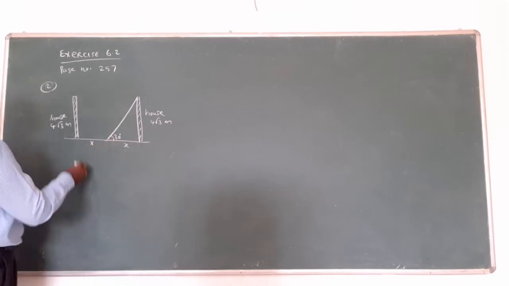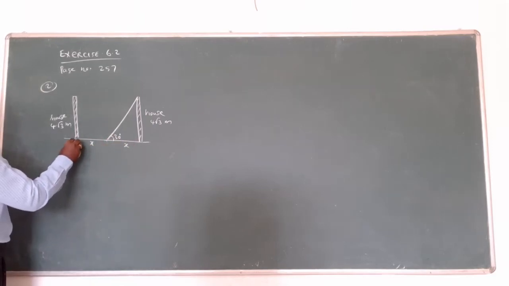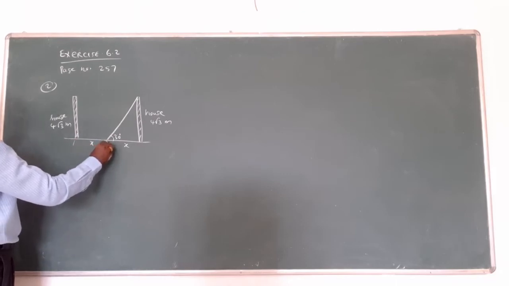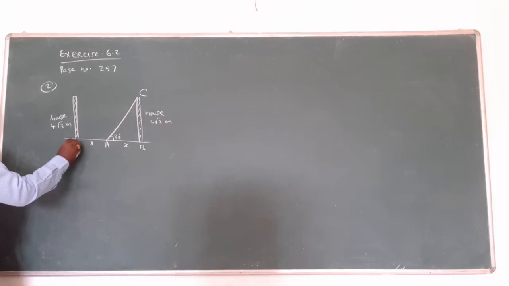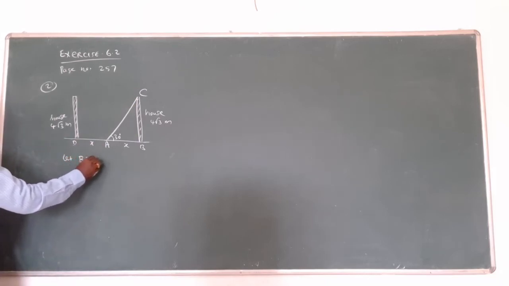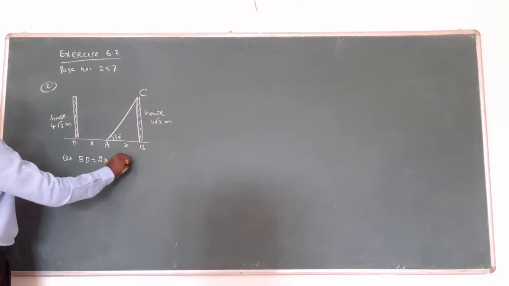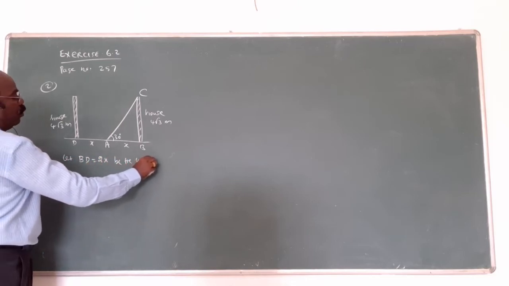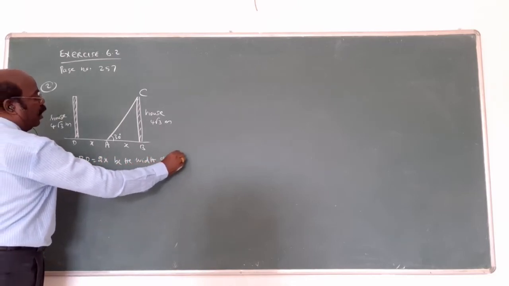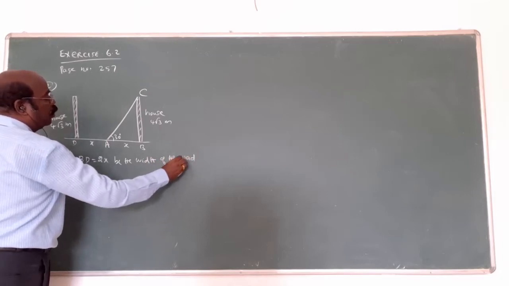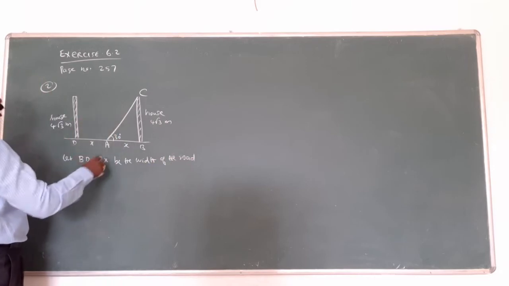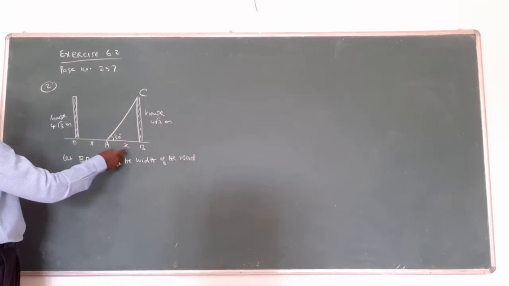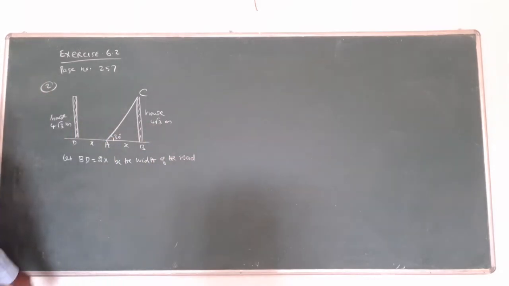Suppose A, B, C. Suppose here D. Therefore BD equals 2x, the width of the road. First find x in triangle ABC, then multiply by 2 to get the width of the road.